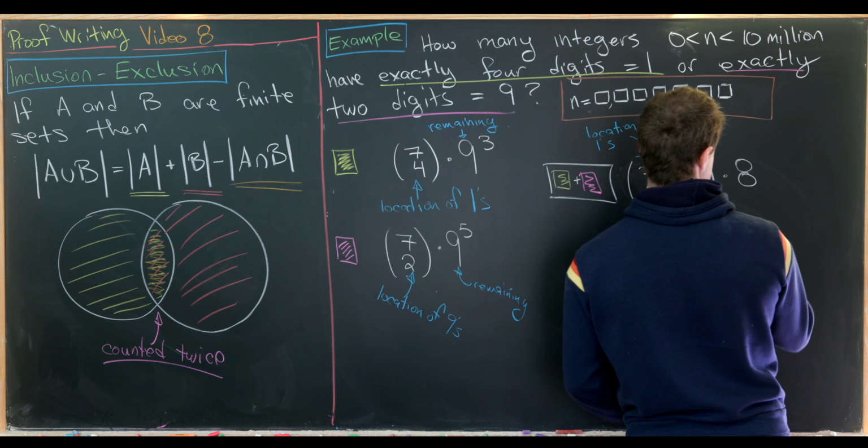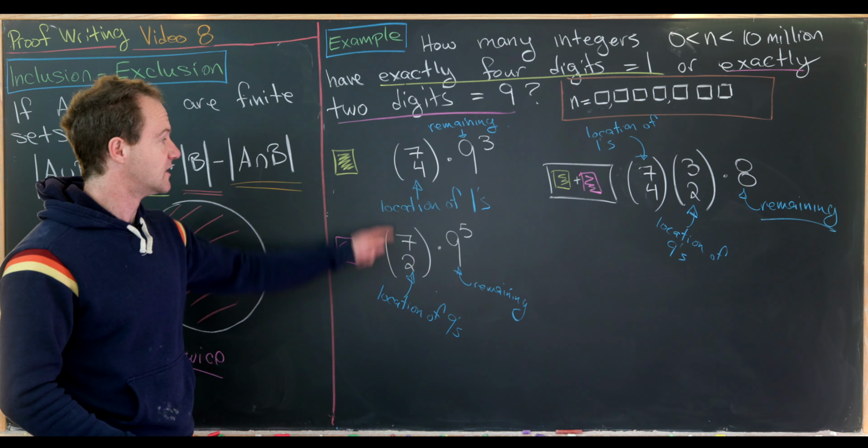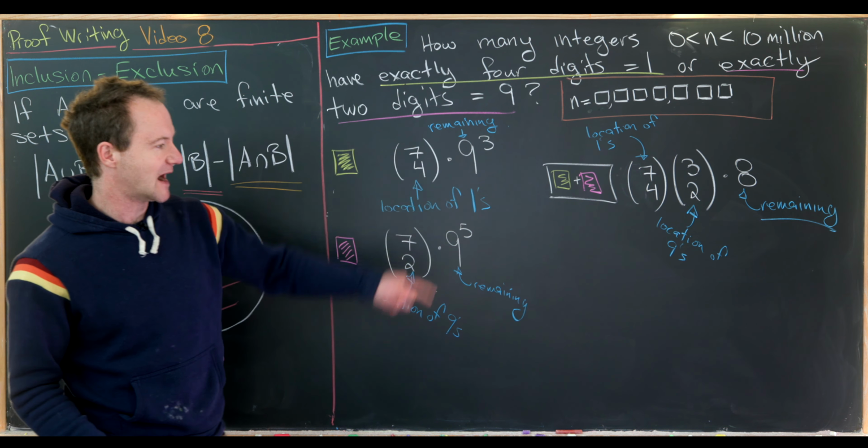Good. So now we need to use the inclusion-exclusion principle to finish this thing off. So it'll be this number here plus this number here minus that number over there. So let's just write this.